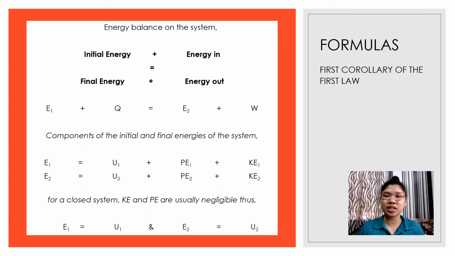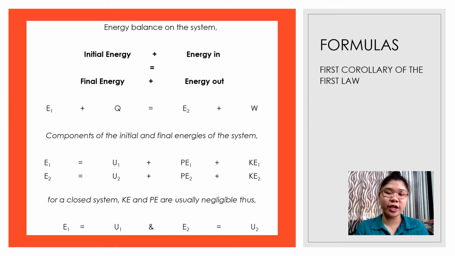In a closed system, the energy balance on the system, based on the laws mentioned earlier, is: initial energy plus energy in must be equal to the final energy plus energy out. So initial energy plus energy in is equal to final energy plus energy out.